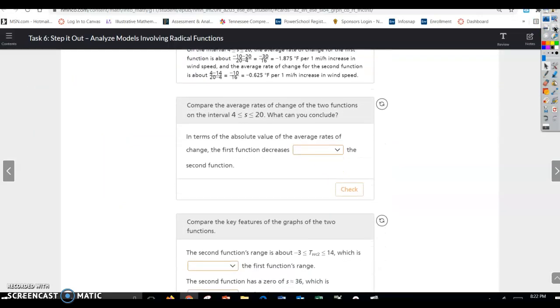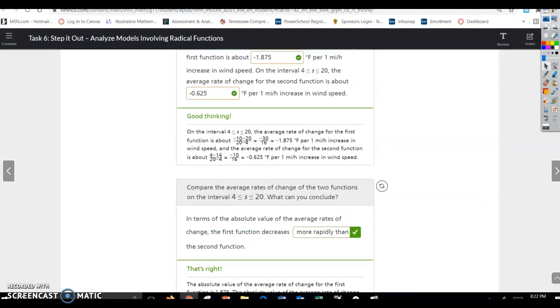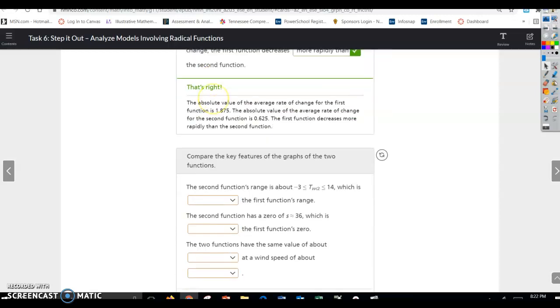Compare the average rate of change of the two functions on the interval 4 to 20. What can you conclude? In terms of absolute value, the average rate of change of the first function decreases more rapidly than the second function. You can tell that because if you take the absolute value of these two, the first one is larger than the second one.